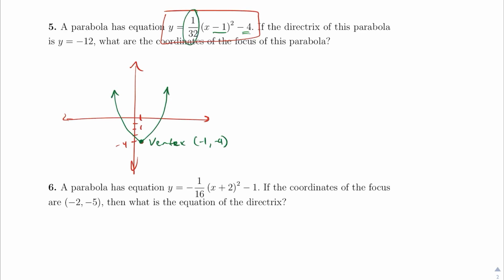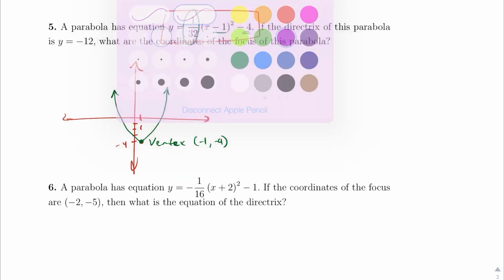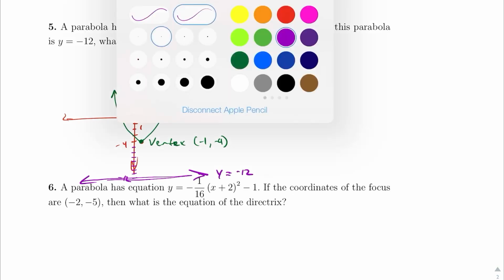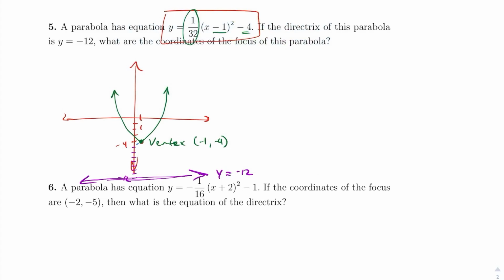And then we know that the directrix is at y equals negative 12, so negative 5, negative 6, negative 7, negative 8, negative 9, negative 10, negative 11, negative 12. Sketching that in, we've got our directrix down here at y equals negative 12. So finally, putting it all together, the distance between the vertex and the directrix is 8 because of negative 4 and negative 12.